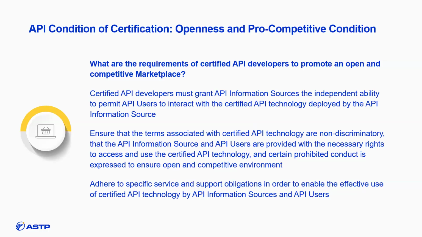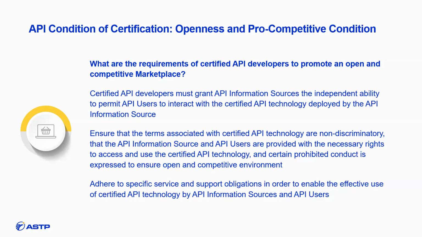Great. And then we have the openness and pro-competitive conditions. So in this section, we try and promote an open and competitive marketplace. And so we include concepts around non-discrimination, rights to access and use the certified API technology.